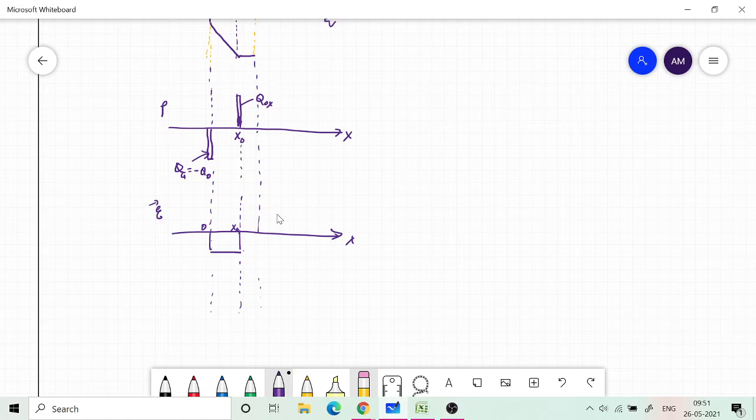So if there is no electric field, potential has to be constant. So you have potential 0 here, or you can say that you have negative potential here, so let me draw like this.